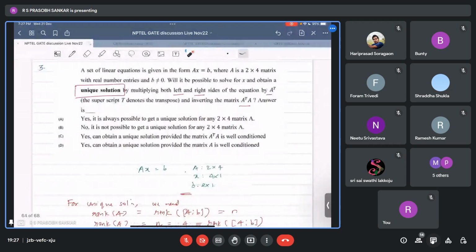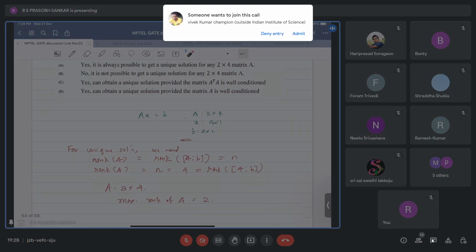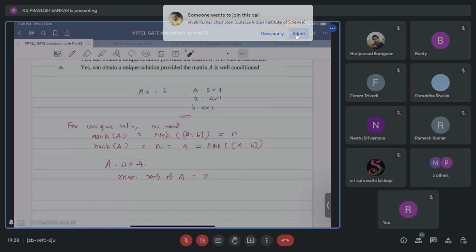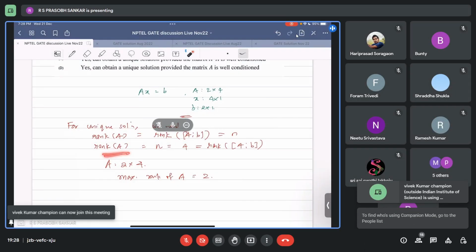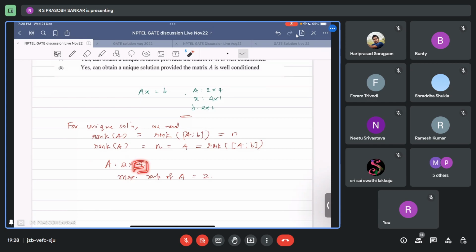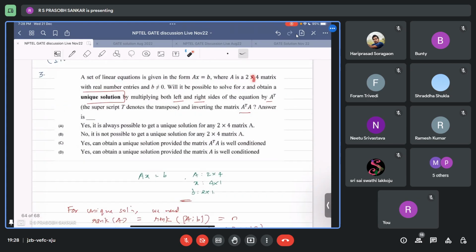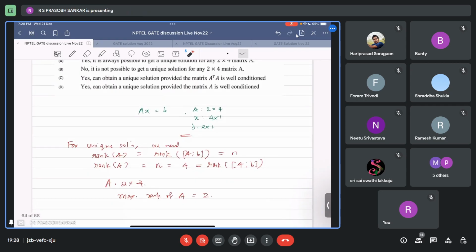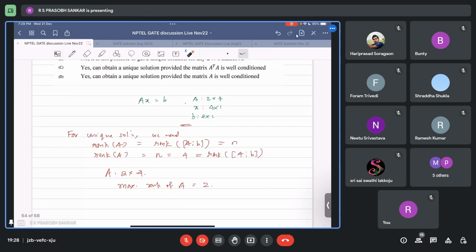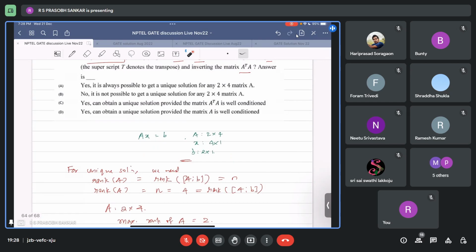The general condition for a unique solution is that rank of A equals rank of A augmented with b equals n. Here we need rank of A to be 4, the number of columns of A, but since it's a 2 cross 4 matrix, we cannot have rank 4. So we can already tell that the system doesn't have a unique solution.